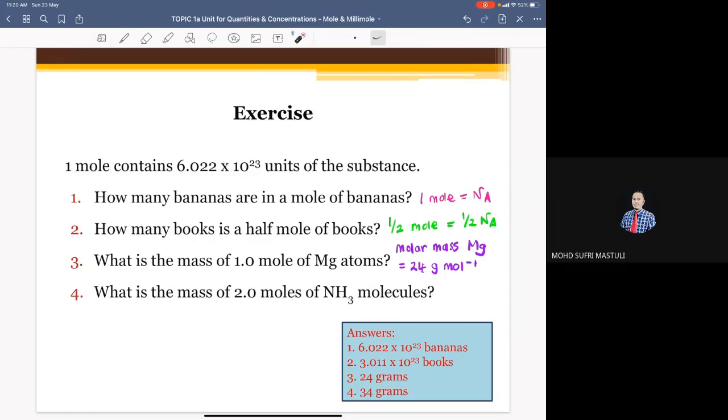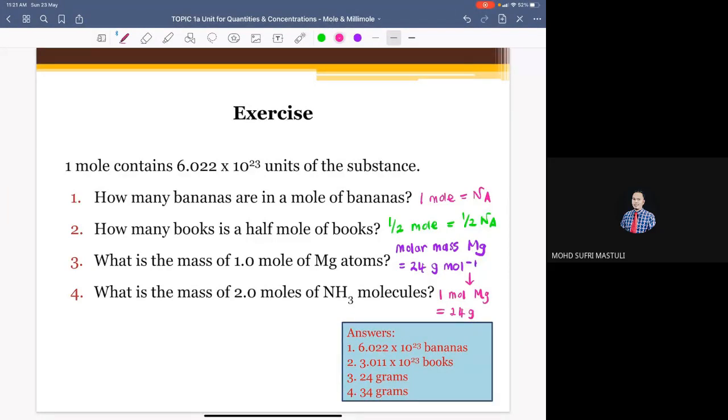So this is why 1 mole of magnesium atoms contains 24 grams. This molar mass can be understood in this way. Because the molar mass of magnesium is 24 gram per mole, you can say 1 mole of Mg is equivalent to 24 grams.